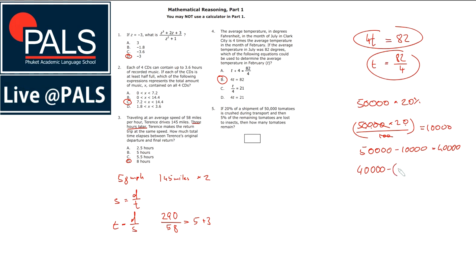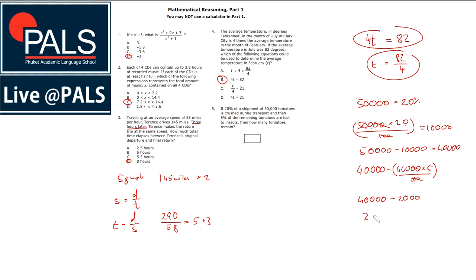is 40,000 times 5 over 100. That is, again, we can cross out these 2. 5 times 400 is going to be 5 times 4 is 20, so 2,000.